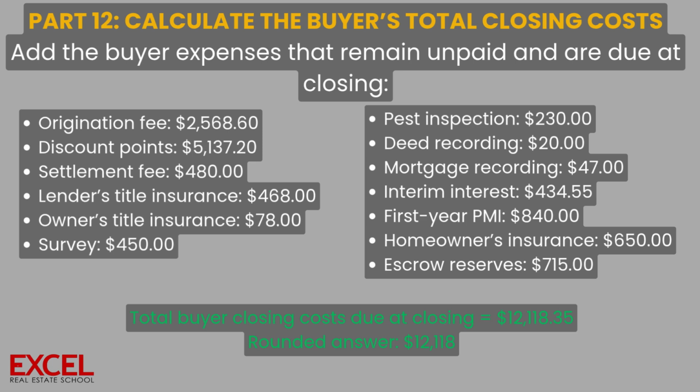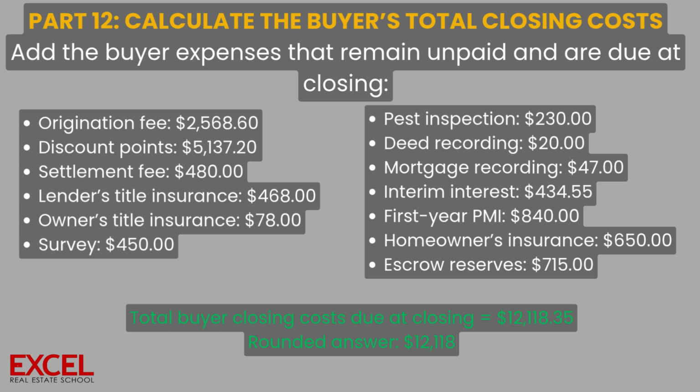Interim interest of $434.55. First year PMI, $840. Homeowner's insurance, $650. And then escrow reserve, $715. We're going to add all of that up. Total buyer closing costs due at closing, $12,118.35.